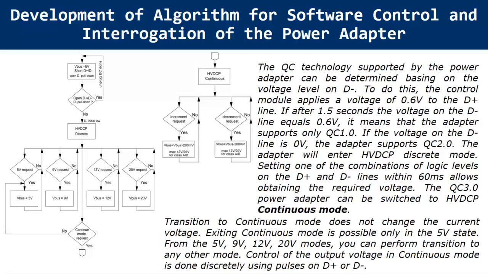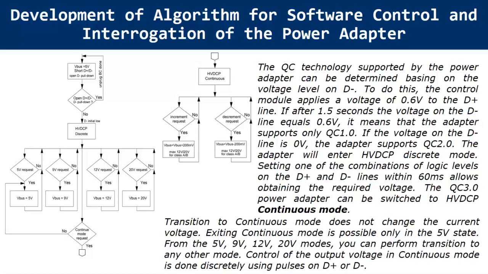Transition to continuous mode doesn't change the current voltage. Exiting continuous mode is possible only in the 5-volt state. From the 5-volt, 9-volt, 12-volt, and 20-volt modes, you can perform a transition to any other mode.